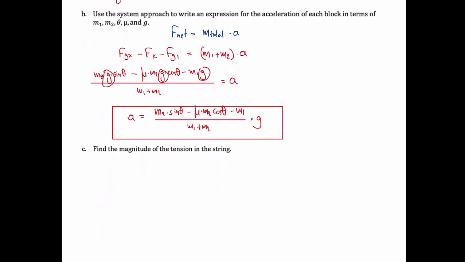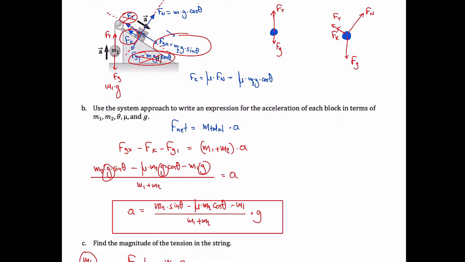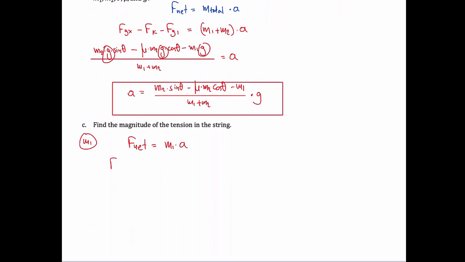So we can say that for mass 1, the F net is equal to mass 1 multiplied by the acceleration. Now, mass 1 is moving upward, so the F net is tension minus gravity. Tension upward minus gravity downwards. So, the force of tension minus m1g is equal to m1 multiplied by the acceleration.